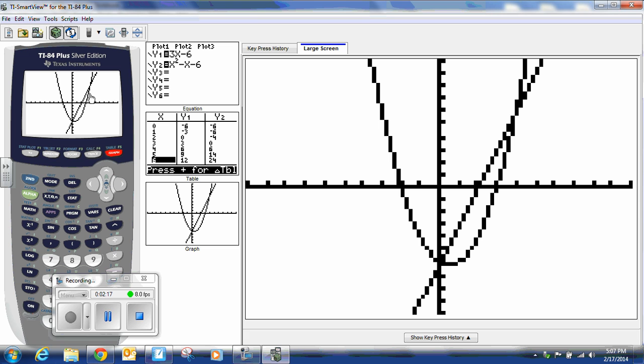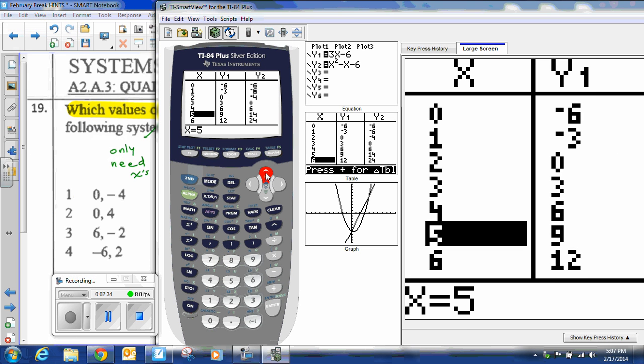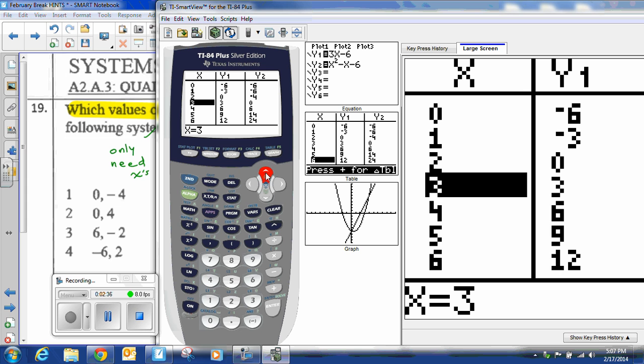So points of intersection are basically where the equations are equal, or in other words, where the y values are equal. So let's go ahead and use the table feature. And let's take a look here.